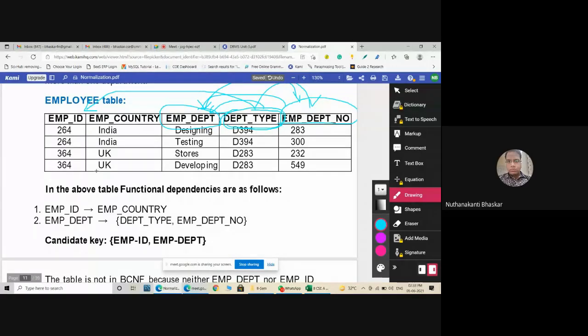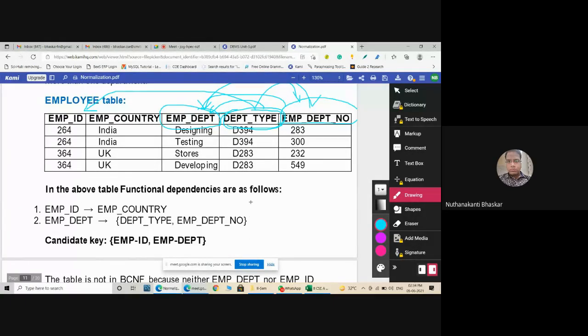So here what should we do? Here we are going to implement decompose your relation, that is employee ID and employee country into one relation. Along with that, we need to take department type also under consideration.